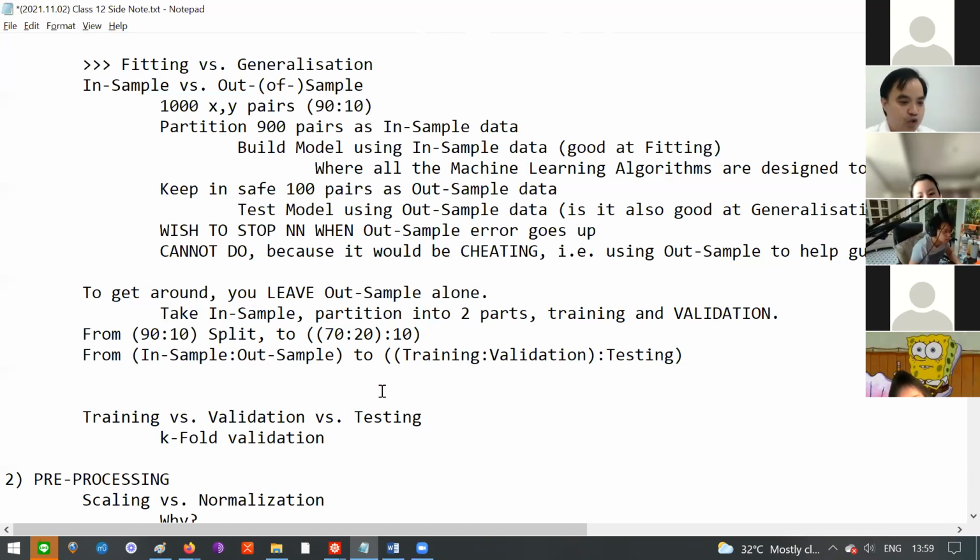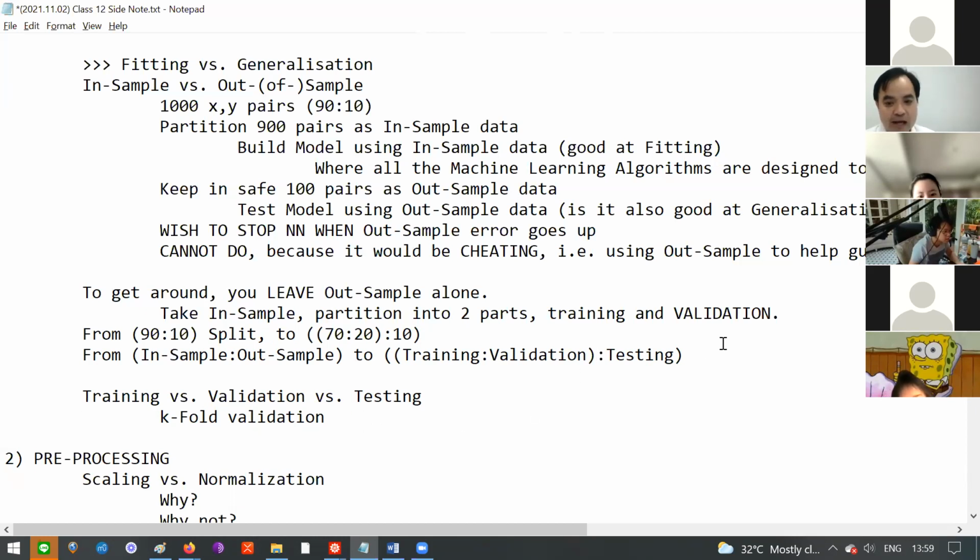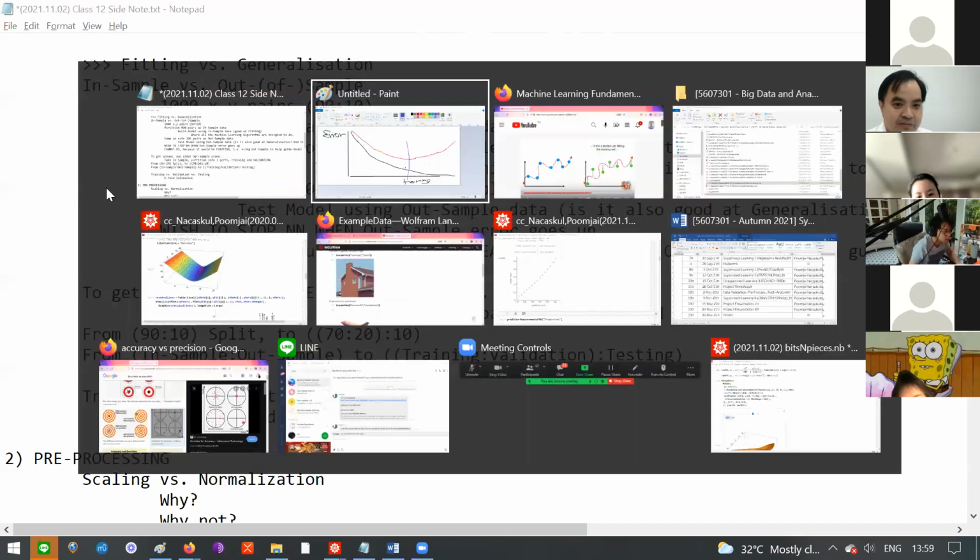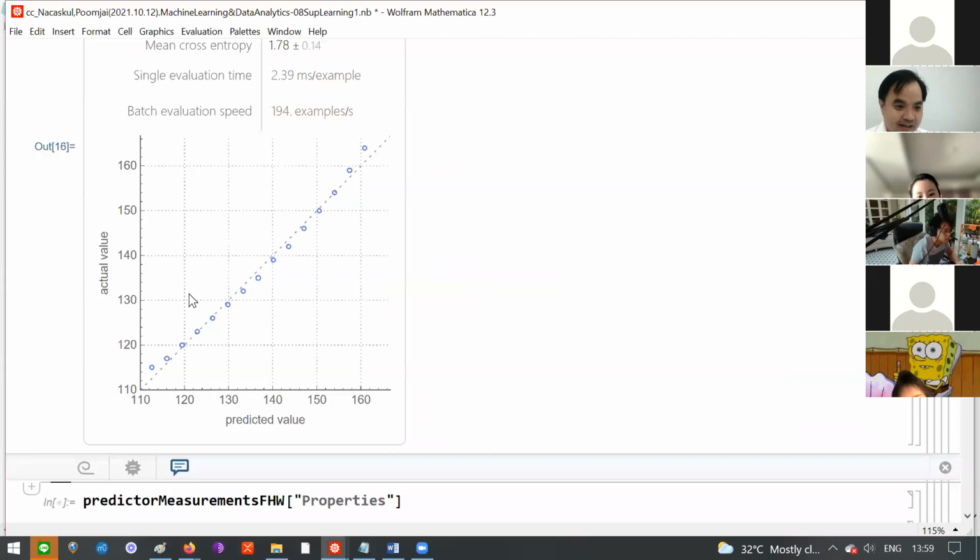Now there are two cases in real life. Remember this model? Can it overfit? It cannot, because it's a linear model. It's incapable of overfitting.